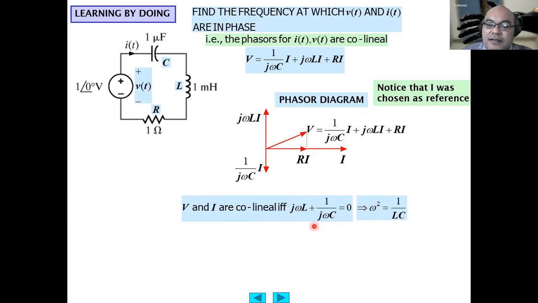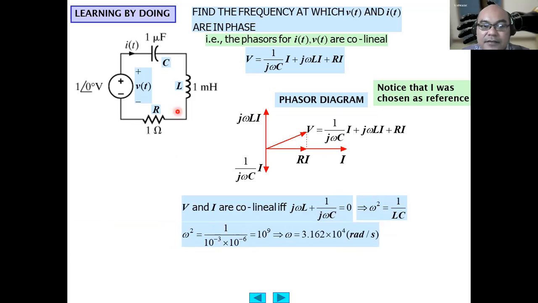Then multiplied by the denominator, j square becomes minus, and this is already minus, so it becomes positive. Omega square LC equals 1. So omega square equals 1 over LC. Omega equals 1 over square root of LC.